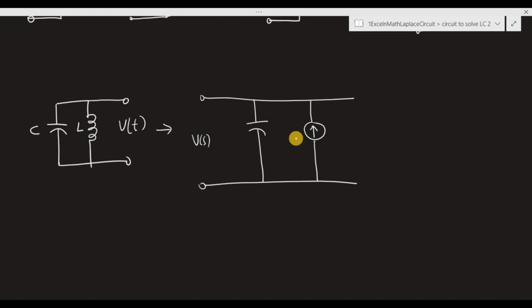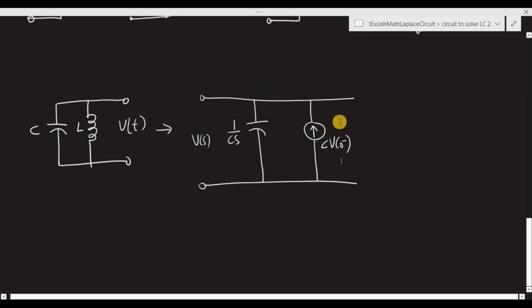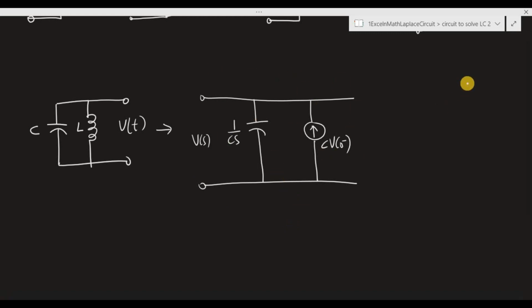The impedance of the capacitor is 1 over Cs, and the current source is CV0 minus, and this here is the parallel circuit model of the capacitor in the S domain.